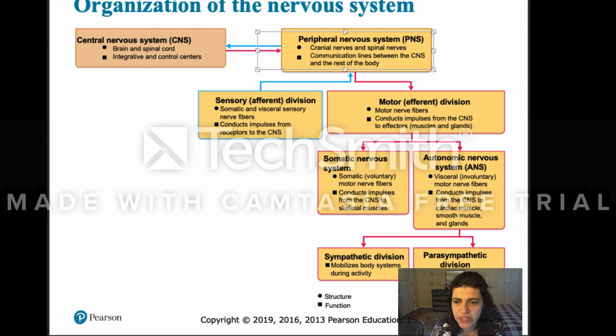Okay? In a few chapters forward. So here we're going to talk mostly about what is going on here and how cells look and what each structure of the nervous system is. Okay?